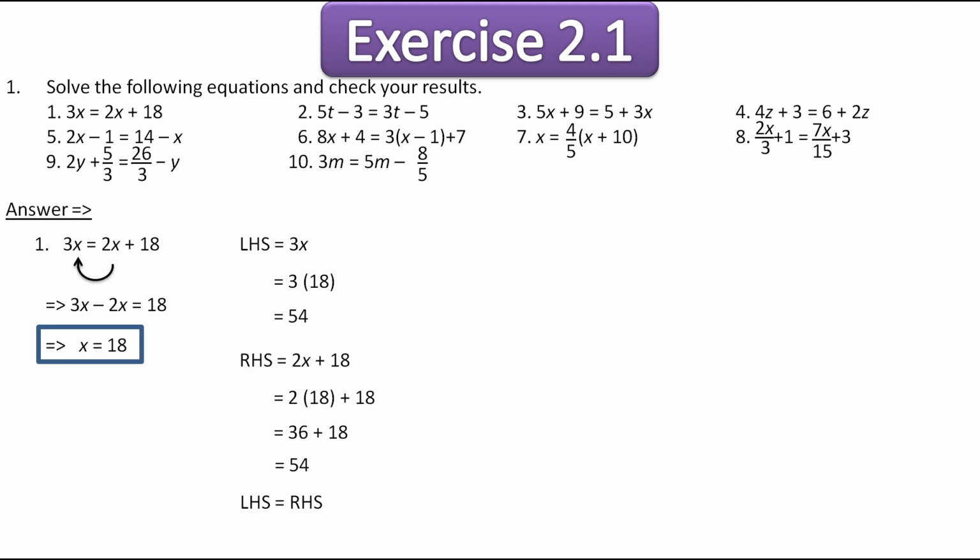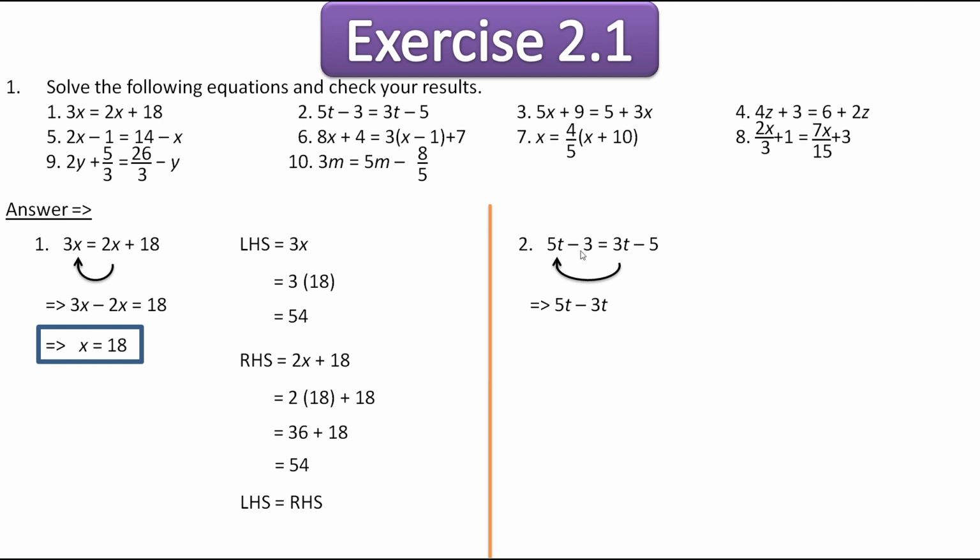Okay. Now let's move to the next one, that is the second one, 5t minus 3 is equal to 3t minus 5. Now here the variable is t. We have to send all the terms with the variable to the left hand side. So I'll send this 3t to the left hand side by changing its sign. So it will become 5t minus 3t.